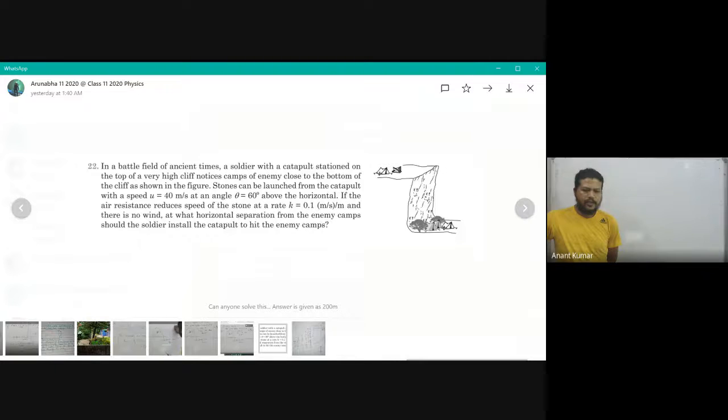If we consider in a bit more detail, not exactly the way that the solution is presented, which was simply to multiply this k with the displacement along the x-axis and equate that to the initial x velocity, instead of that, what is the actual solution?